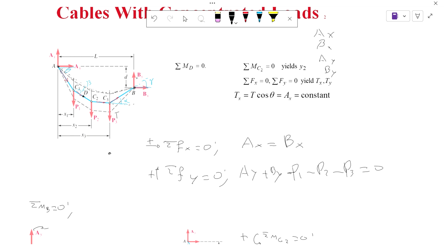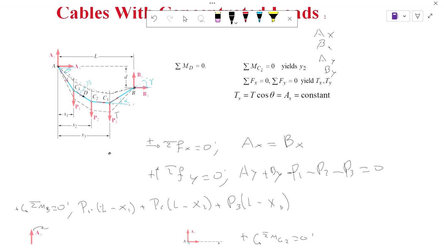And then in that case, counterclockwise is positive. So let's do P1 times L minus X1 plus, I'm going to do the positive moments first, P2 times L minus X2 plus P3 times L minus X3.